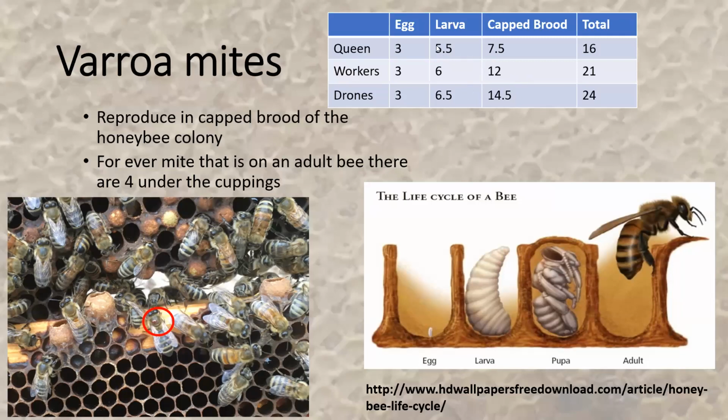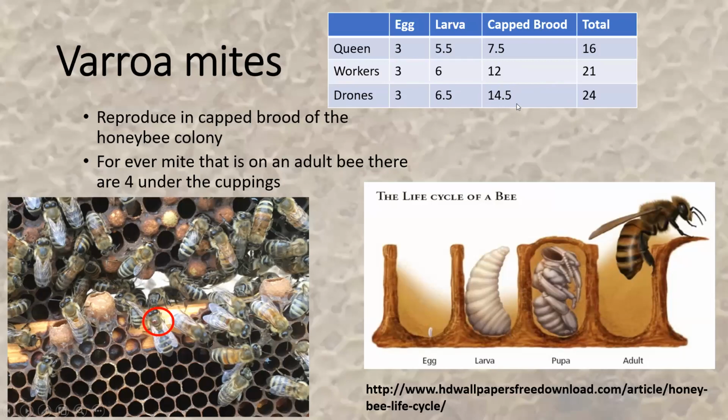Here is that chart that we had in, I believe, the first class, and where it really comes to be important is this third section where you see that there's much more worker brood inside of the hive, and the workers are metamorphosizing for 12 days, whereas drones are metamorphosizing for 14 and a half days.